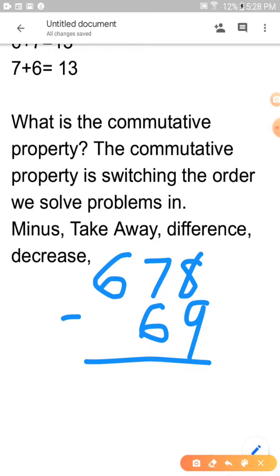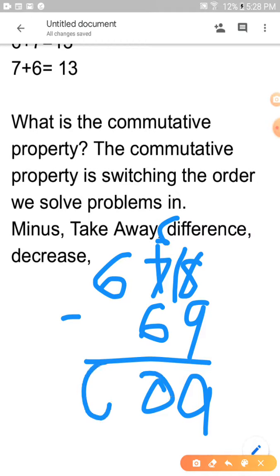So we have to borrow from 7. This is 6. We get 9. 0, 6. Sorry about my handwriting. So, 678 minus 69 gives you 609.